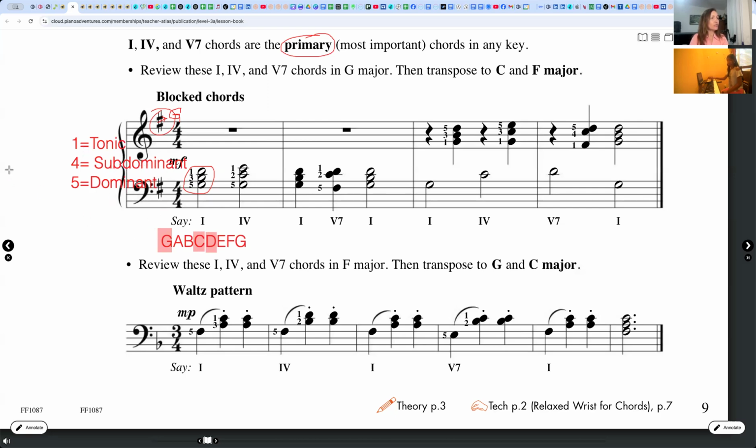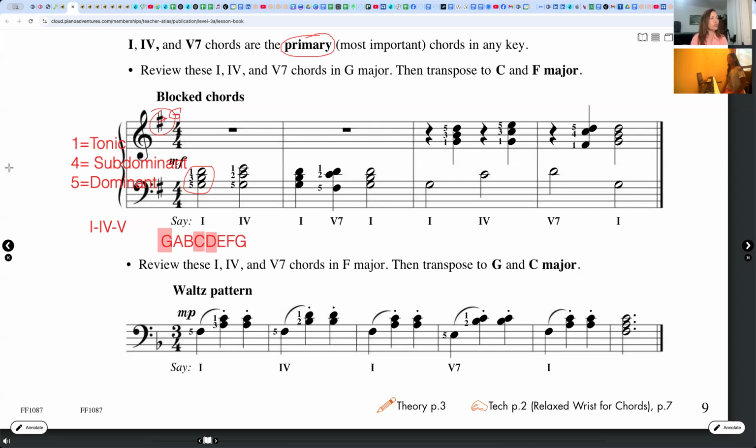Most of the time you'll see them in Roman numerals. So the tonic is going to be 1, then subdominant is going to be 4, and then dominant is 5. So those are Roman numerals. When you see those Roman numerals right here, you already know that this is tonic. And what kind of chord is this? 4th, subdominant.